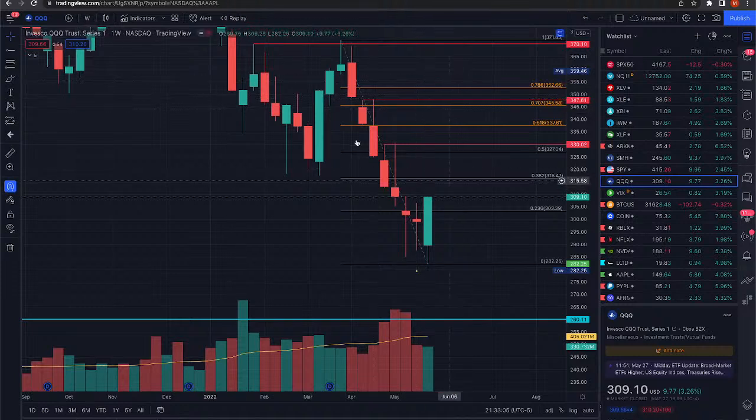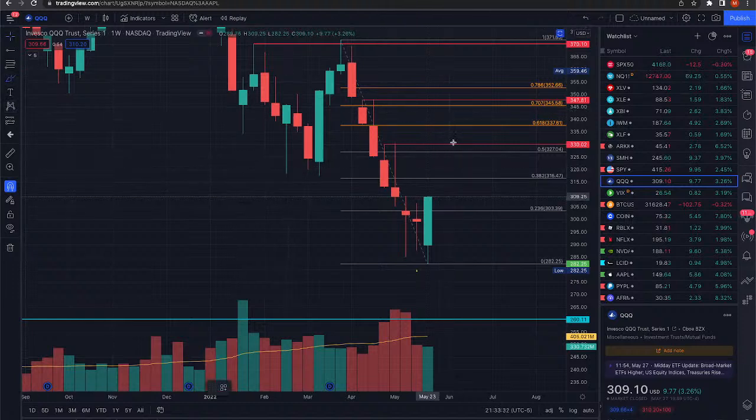And what this tells me is this is still a weak bounce. I know it looks strong. That candle looks really nice. But for this move to be strong, I would need it to get all the way to at least the 337 level, this 618. That's when I will believe the bulls are back.